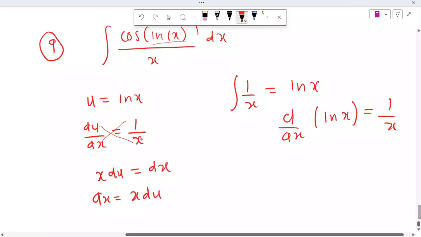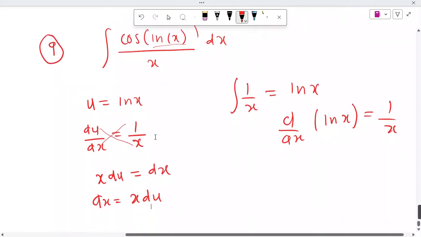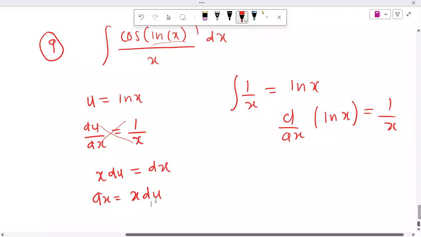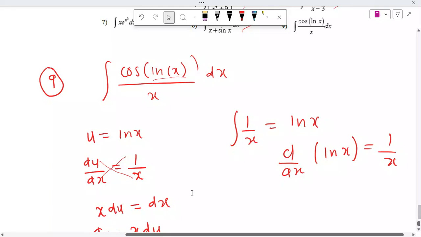Okay, so now we substitute in our equation. Where there is dx, we put x du. So this is equal to the integral of cos of ln x, which we've said is u, over x. Then where there is dx is x du. So x and x will cancel out.